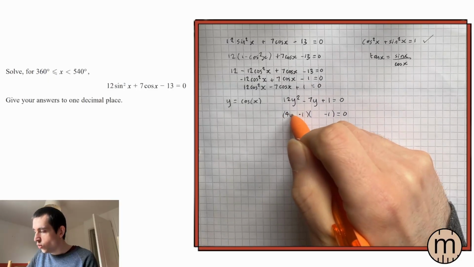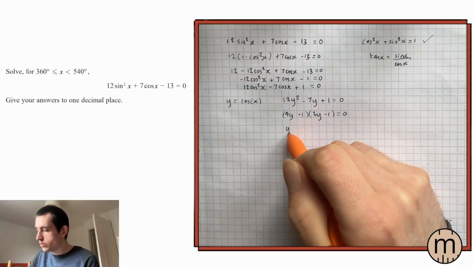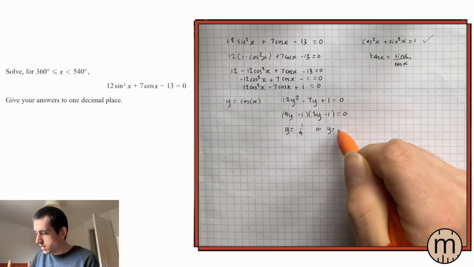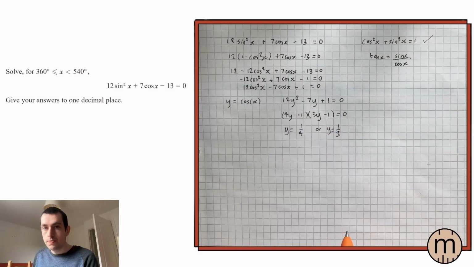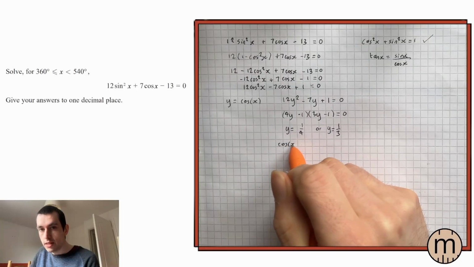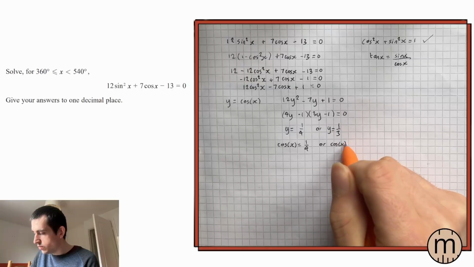We're going to get 4y and 3y, which means that y is equal to a quarter or a third. But what was y? Y was cos of x. So cos of x is equal to a quarter, or cos of x is equal to a third.